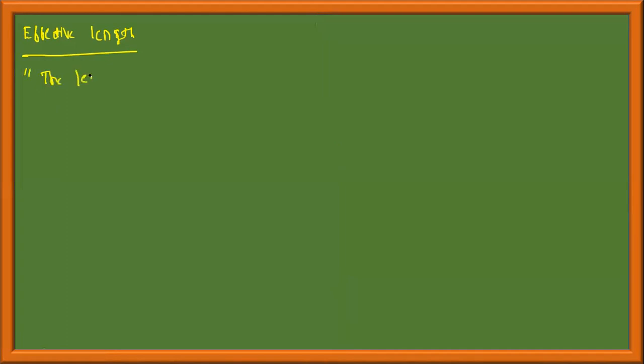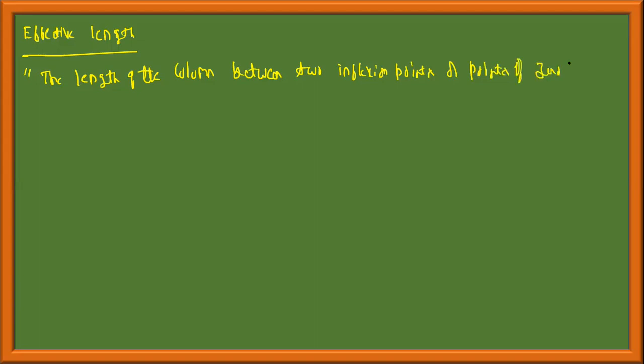The length of the column between two inflection points, or points of zero bending moment, is called the point of inflection. Let me explain this.